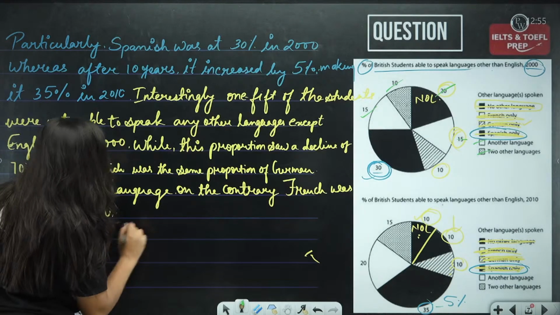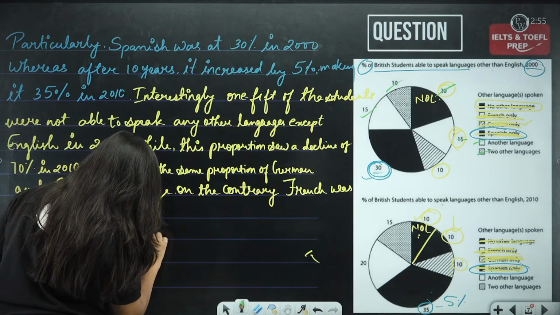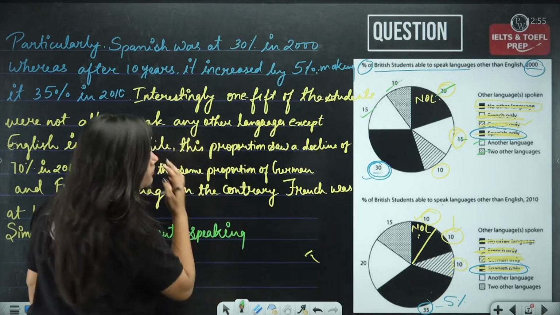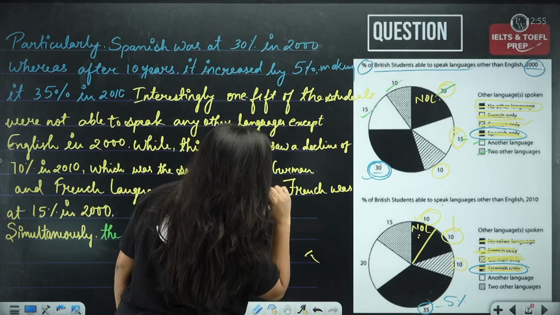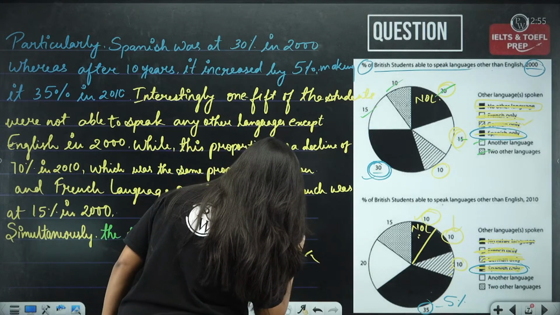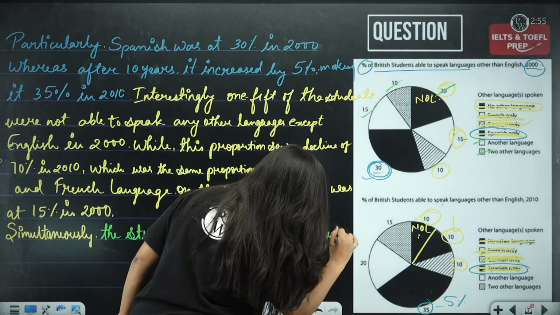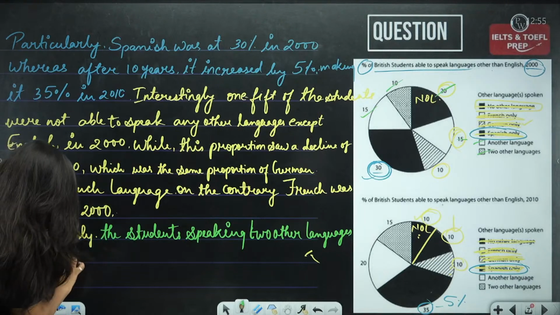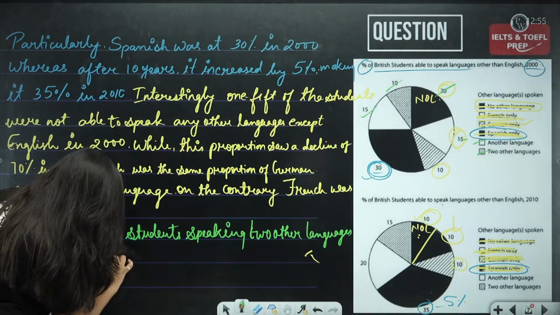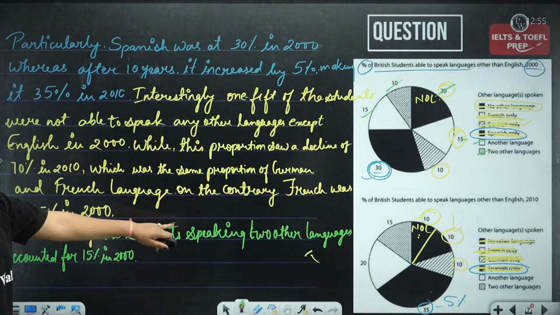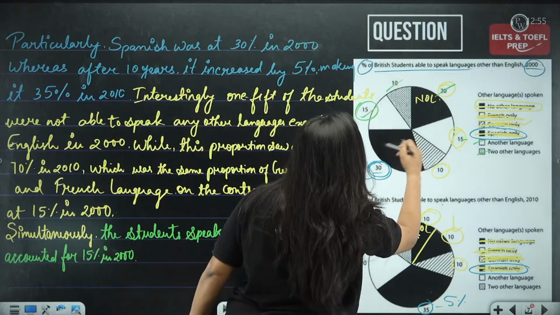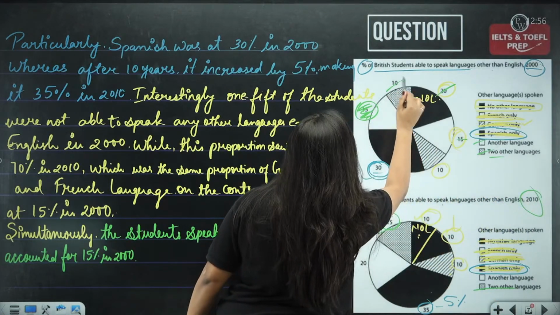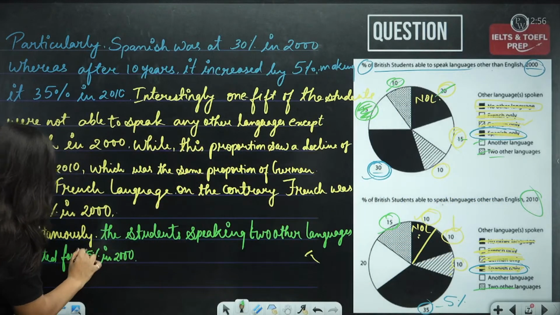ठीक है? Simultaneously the students, okay, we are talking about the students. Simultaneously, the students speaking two other languages accounted for 15% in 2010, to which it was decreased already 10% in 2000.